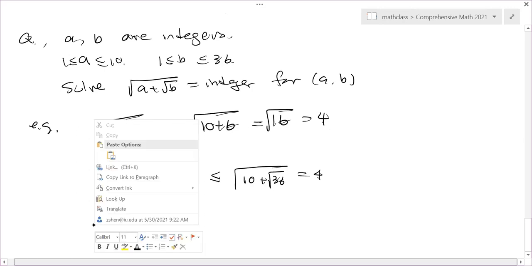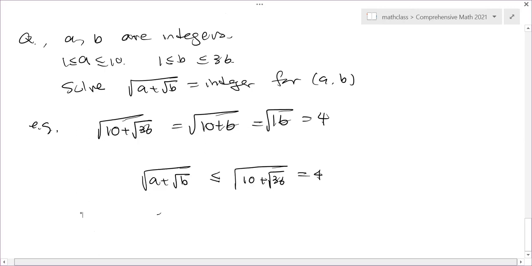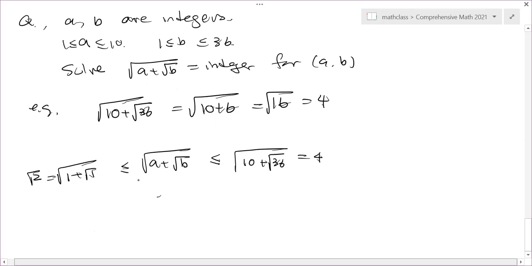And then the smallest possible value is going to be the square root of 1 plus the square root of 1, which is 2. Okay, so this one is an integer. There are not many values for this, right?